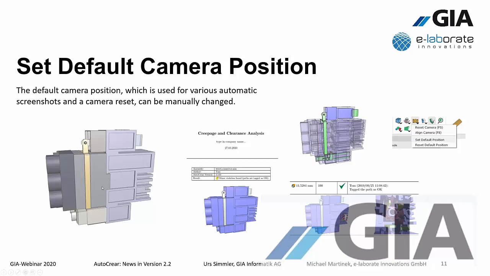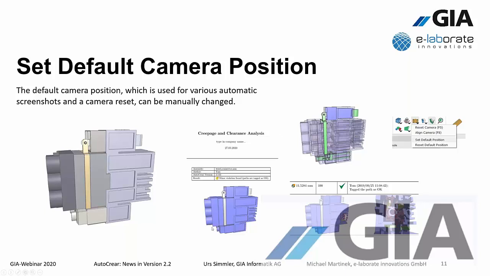This default position is used on many occasions during the workflow. For example, for the automatic screenshot at the title page of the document, or for the automatic screenshots in the electric nets documentation, or for the assembly views of the paths, the automatic camera positions.